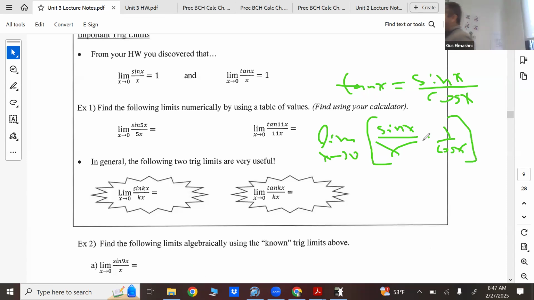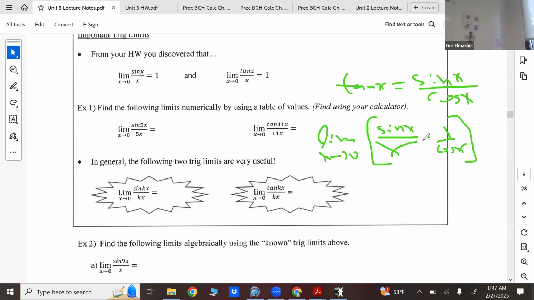Would you agree with that? You've got to be very fluid with your fractions, but isn't that just sine x over cos x times 1 over x, right? Can we do it like this, 1 over x times tan x? You guys agree with that, right?